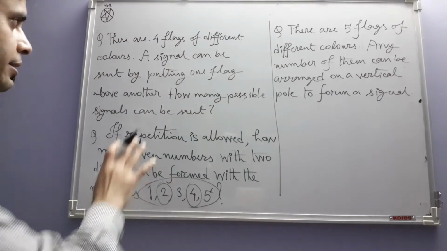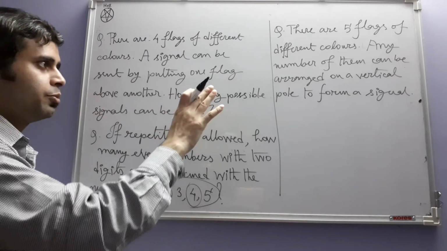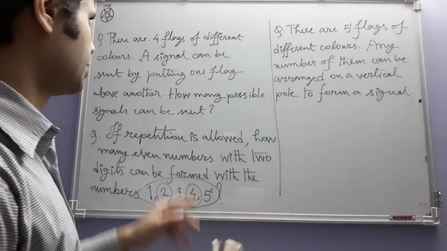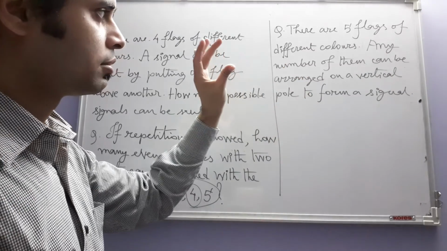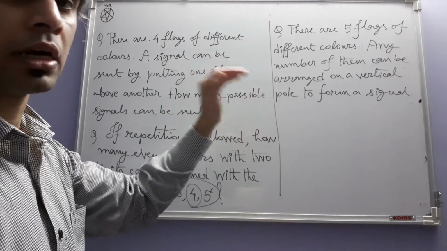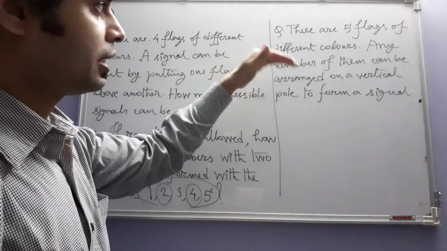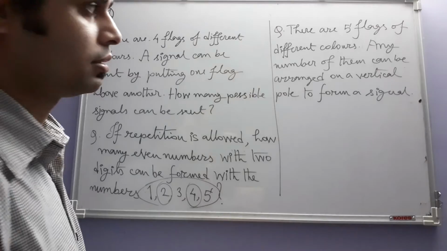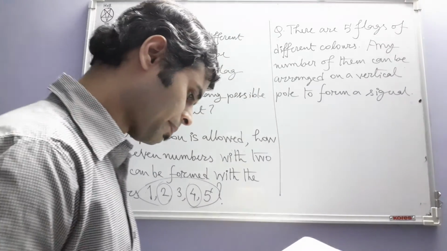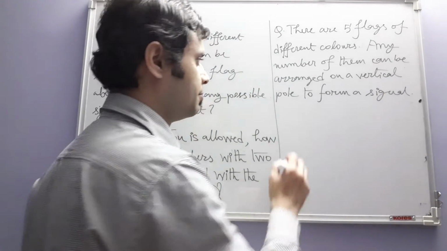So it's just like this one, except we have 5 flags, there were 4 flags, and now instead of having just 2 flags, one on top of another, we can have any number of such flags put in a vertical fashion on a pole to form a signal.